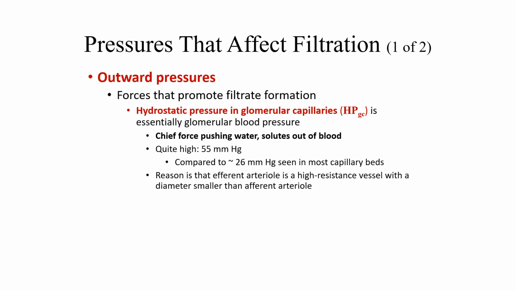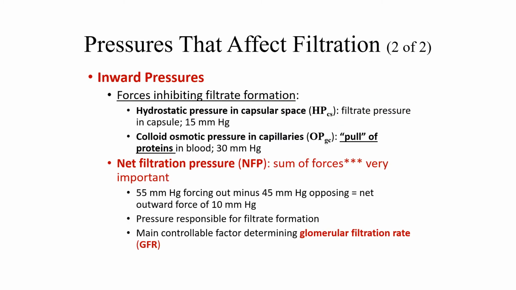So what are the outward pressures? What's going to promote filtration? Well, we already talked about the hydrostatic pressure in the glomerular capillaries. And so this is going to push water and solutes out of the blood into the capsule and eventually to the proximal convoluted tubule.